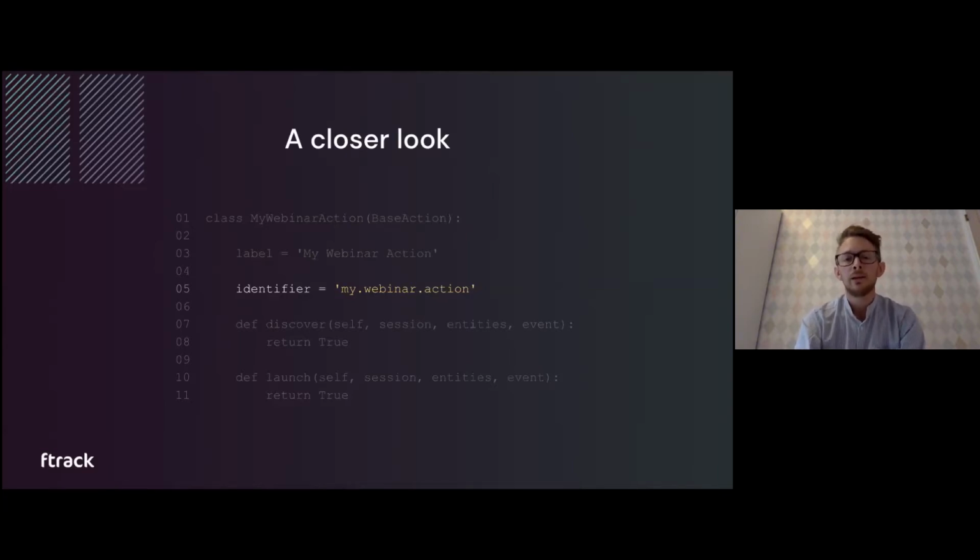The identifier is what is being used on the event hub, so that Ftrack knows which action was launched and which was discovered. I'll be talking about that in just a second. It's just a way for the Ftrack instance to know what action was launched, so you need to specify that in the form that I have in this example.